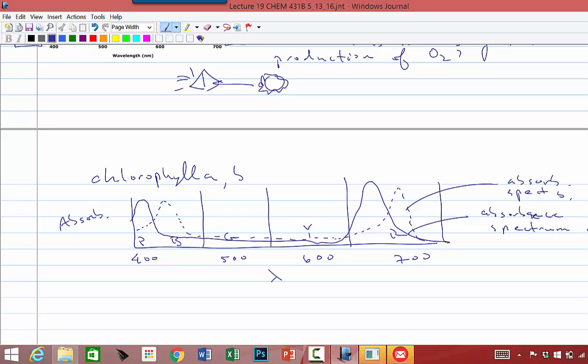So here we have one molecule, here we have another molecule, and as I said before, it's this transfer of the electron which starts the electron transport chain.